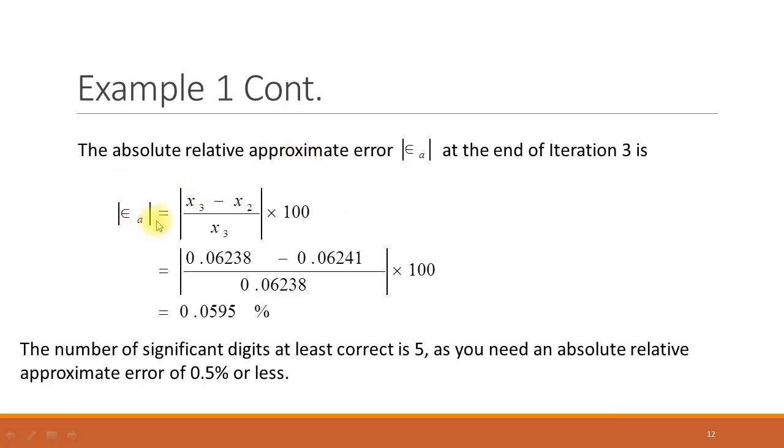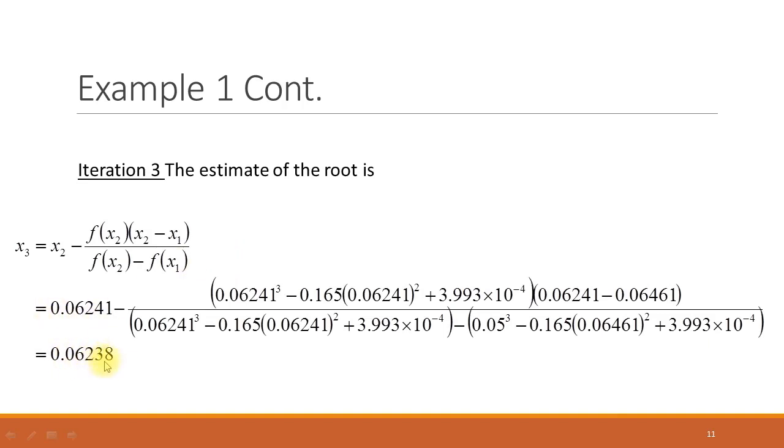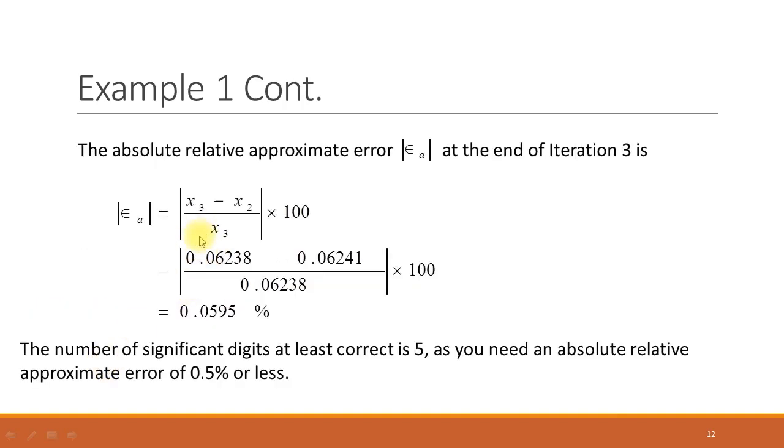Now dear students, again find the absolute relative approximate error for the third iteration, which is given by the absolute value of epsilon a, equal to the absolute value of x3 minus x2 divided by x3, multiplied by 100. Putting the value of x3 from the third iteration, 0.06238, minus the value of x2, 0.06241, divided by the value of x3, 0.06238, multiplied by 100.